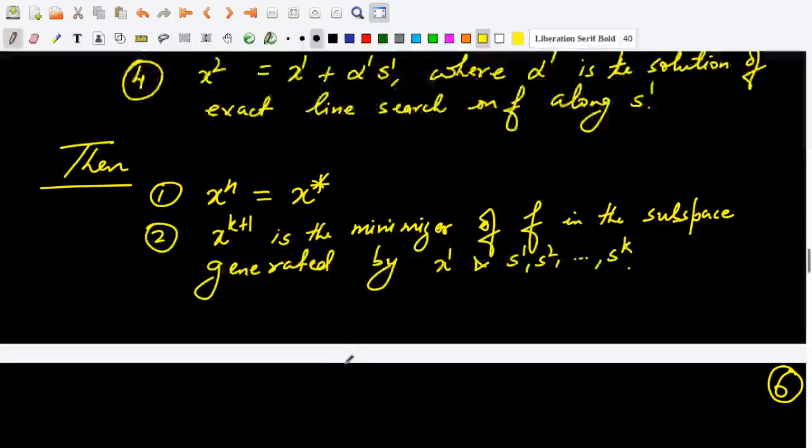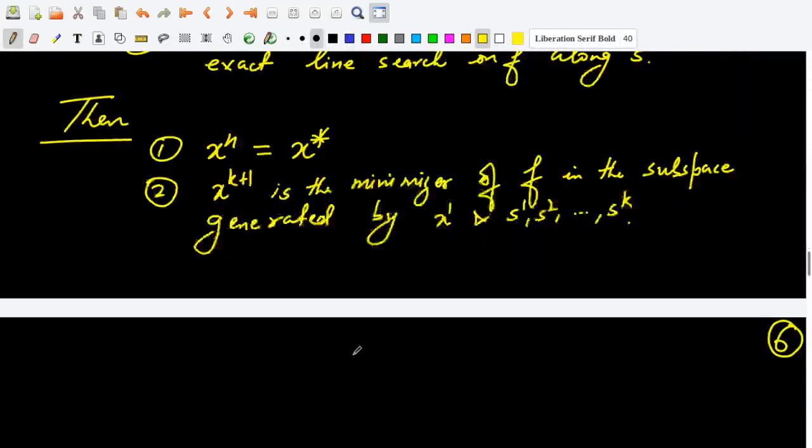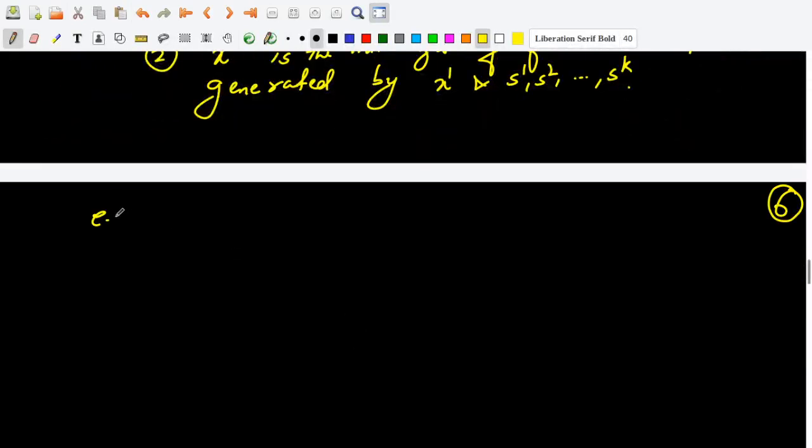Okay, so for example, let's take k equal to 2. So what result number 2 is saying is you start from the point x1 and let us say direction s1 is going somewhere along this direction, and s2 direction is going somewhere like this, and they don't have to be orthogonal to each other.